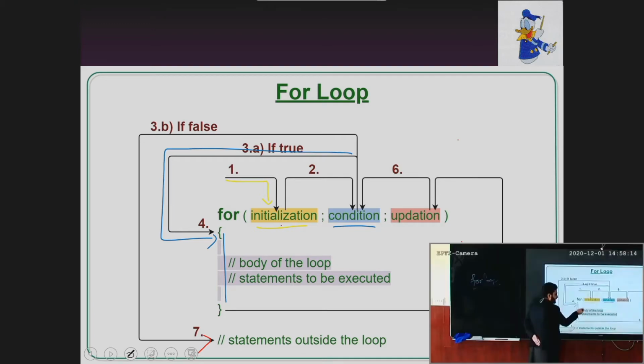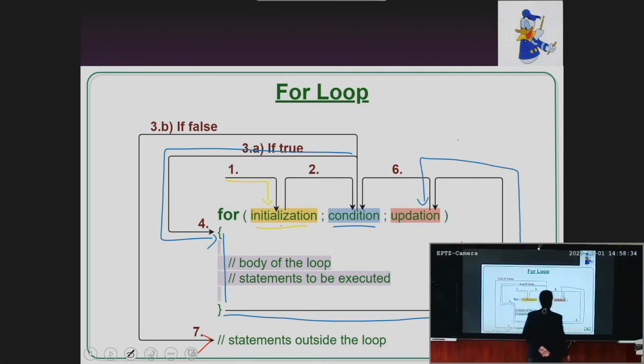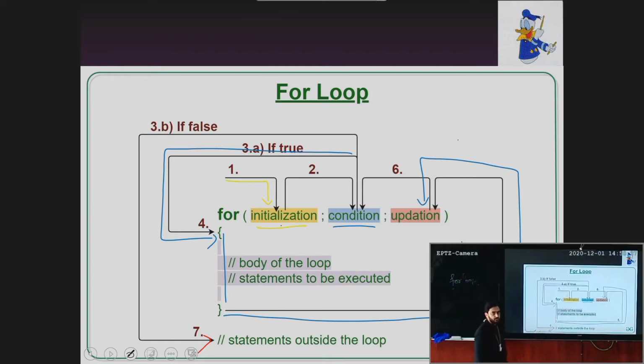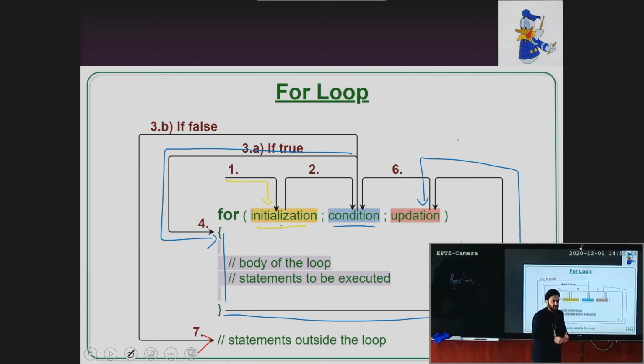So when the body is executed in a sequential process at once, after finishing executing these statements in the body of the for loop, execution will come to the updation statement, okay, and we will update the counter variable which we introduced here in initialization.